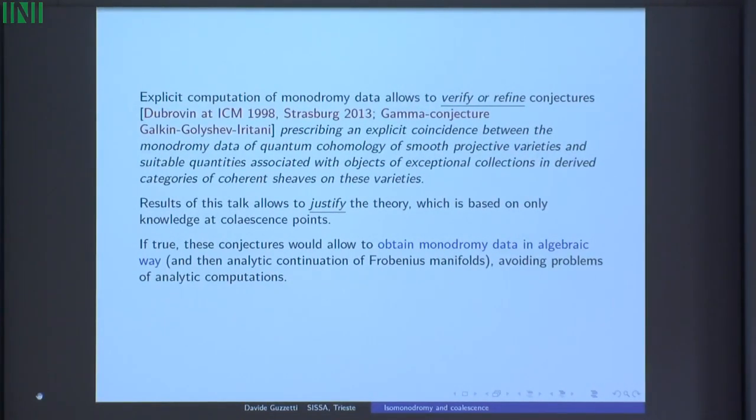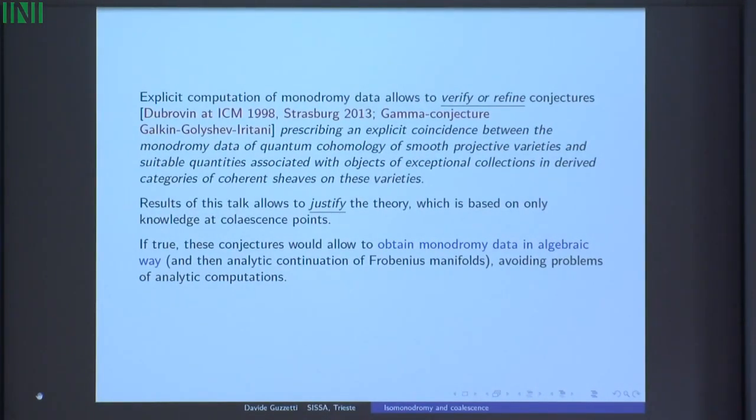Actually, this was our original motivation, Dubrovin's original motivation, which is the following. So I say it again: monodromy data are important to do the analytic continuation of the Frobenius manifold. In general, it's a problem to compute monodromy data, but Dubrovin conjectured that you can compute monodromy data in algebraic terms.